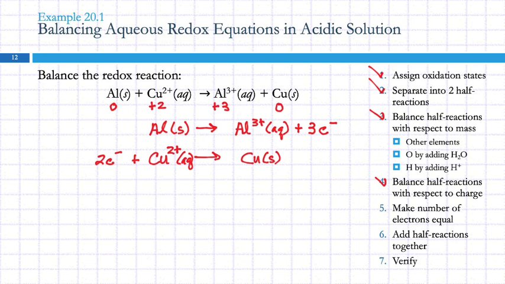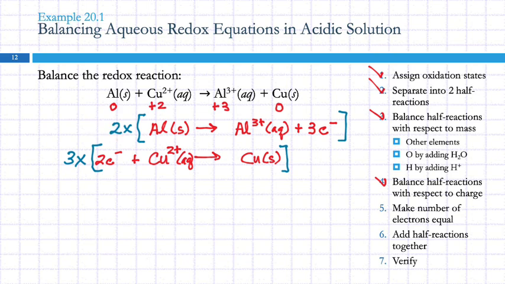Make the number of electrons equal. If we add these together, the 3 and the 2 are not going to cancel each other out. So we have to ask ourselves, well, what can we multiply this by? Yeah, so we can multiply by 2, and then if we multiply this one by 3, we'll end up with 6 for each, right? So I'm multiplying this by 2.